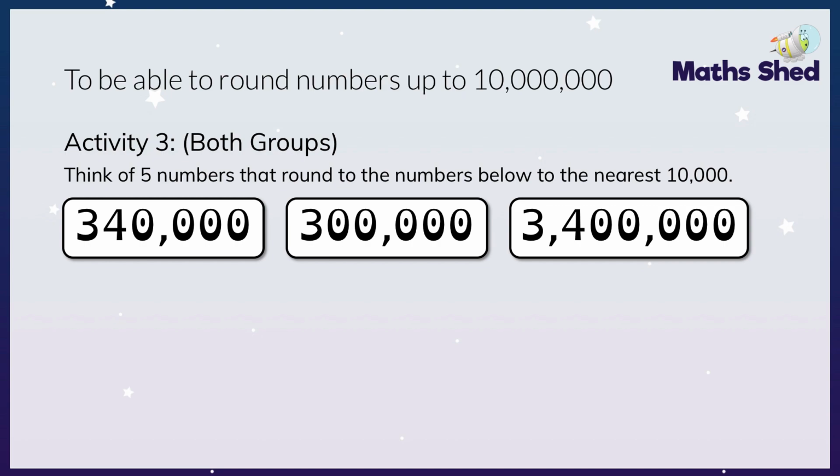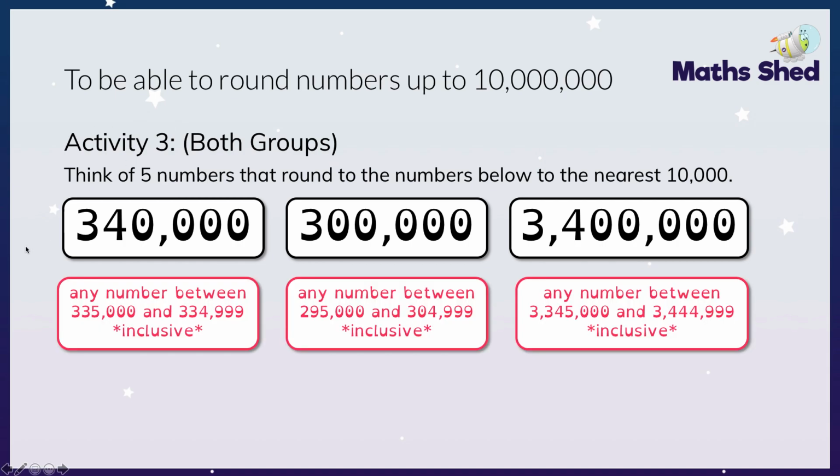And then what's the highest it could be? Well, I know if it's anything higher than 349,000, it would round up, so it can't be that. So what if it was 344,000? Oh yeah, that would work. But I could go a bit higher than that. So what about 344,999? A bit like on the previous slide. So let's have a look and see. There we go. How many of those did you get right?